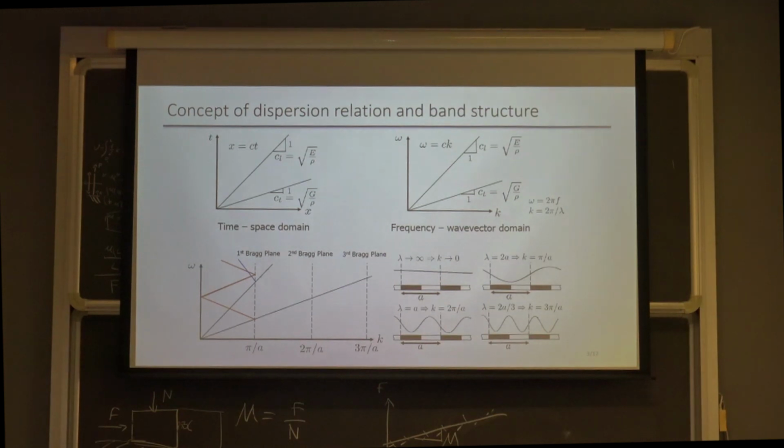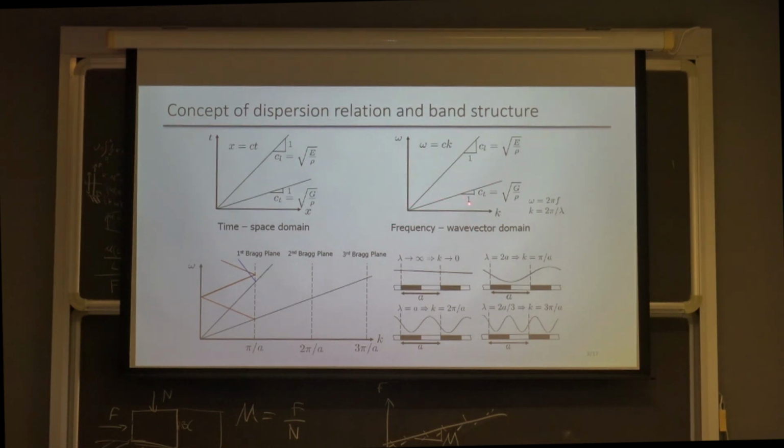In this talk, I will show you dispersion curves and band structure, so let me briefly refresh how I get them. When talking about the propagation of waves, we can use the time-space domain or the frequency-wave vector domain, and I will use the frequency-wave vector domain.